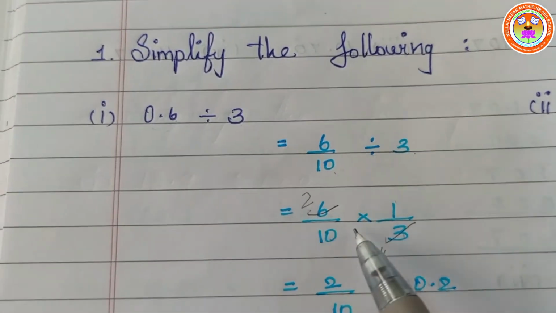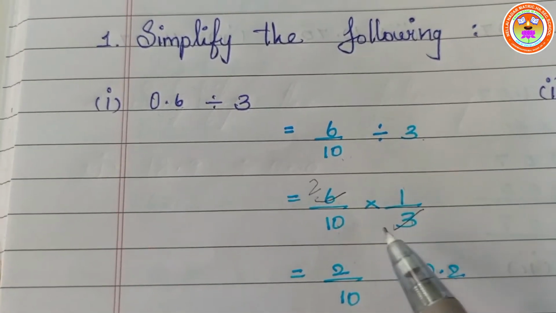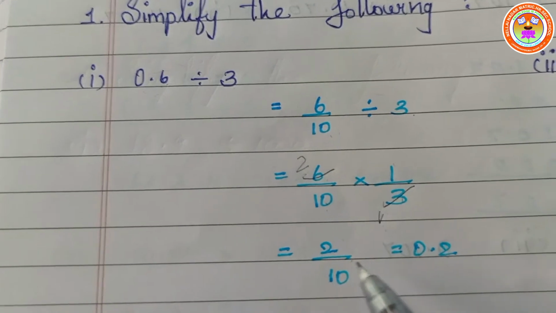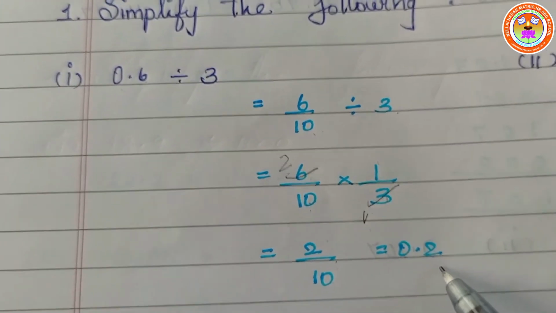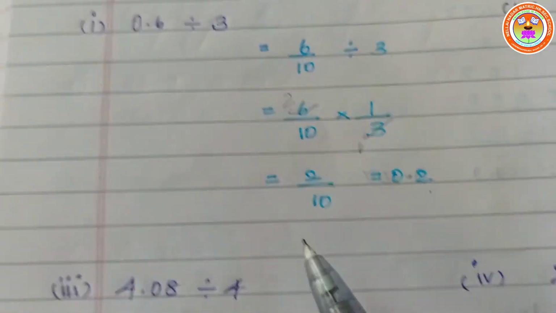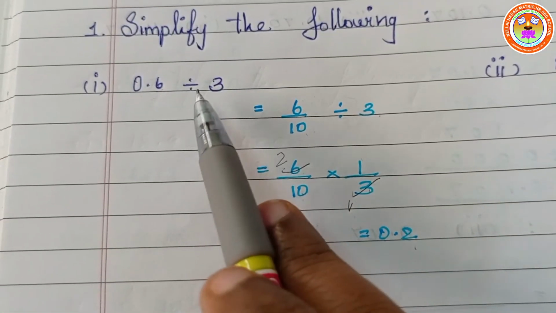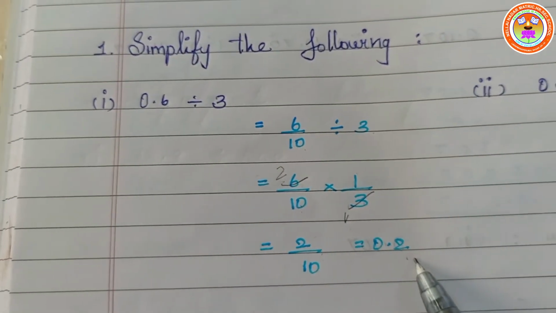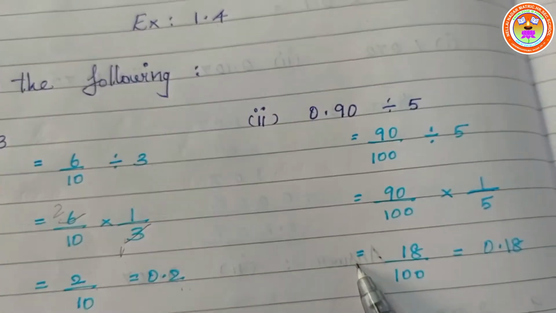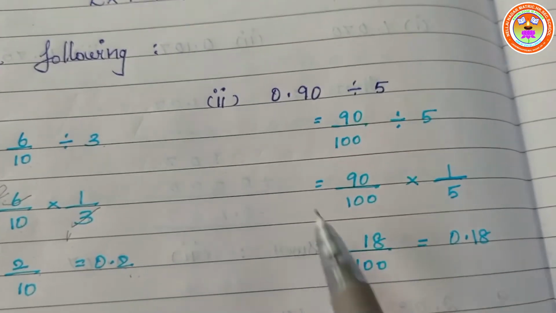So what will happen? 2 into 1 is 2, 10 into 1 is 10. So 2 by 10 can be written as 0.2. Therefore the answer is 0.6 divided by 3 is equal to 0.2. Understood children? Next we will move on to the second subdivision.